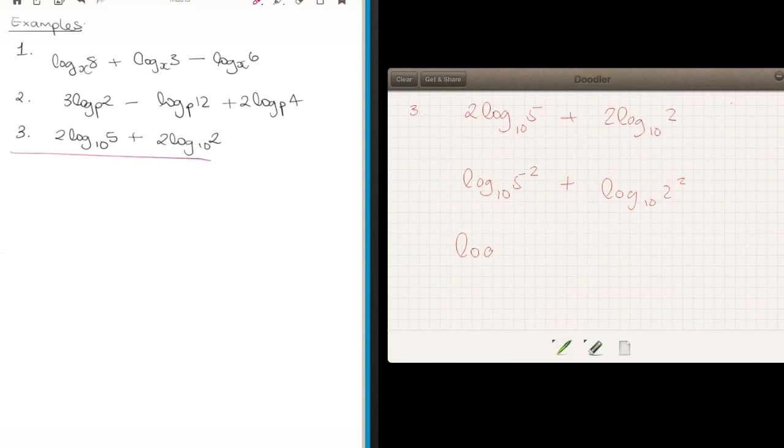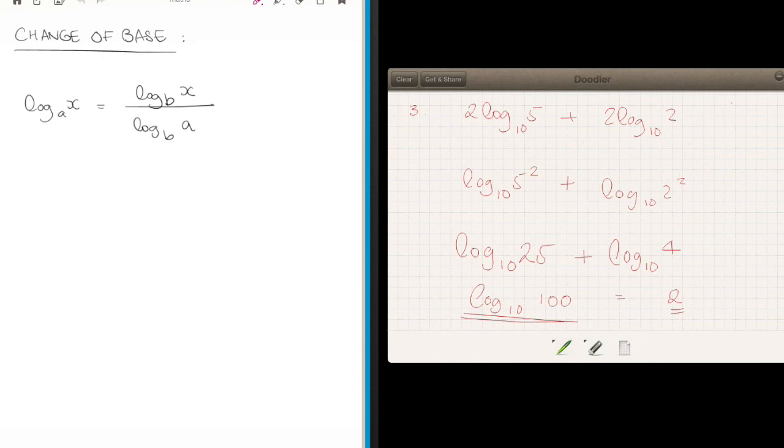You just simplify that as log base 10 of 25 plus log base 10 of 4. Now you can just multiply that, and that will just become log base 10 of 100, and basically you can simplify that to 2, because log base 10 of 100 is just 2.